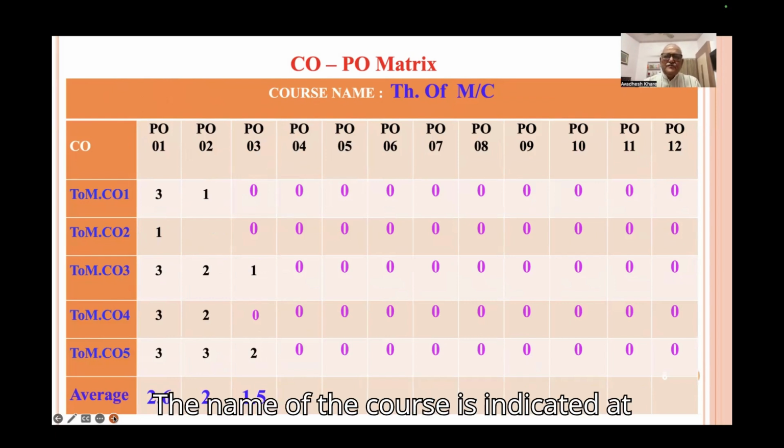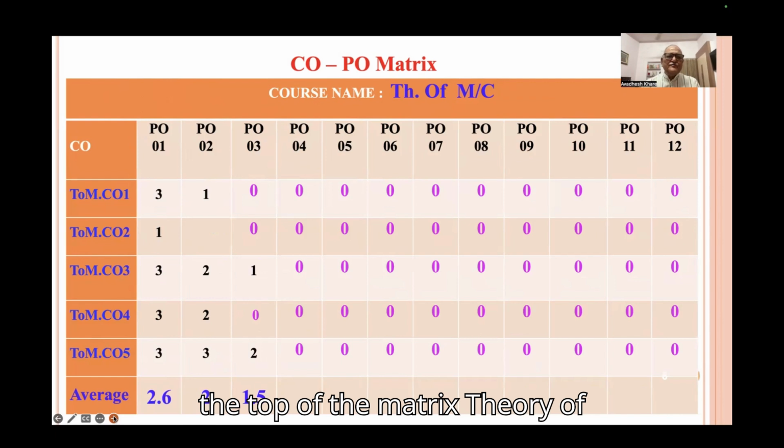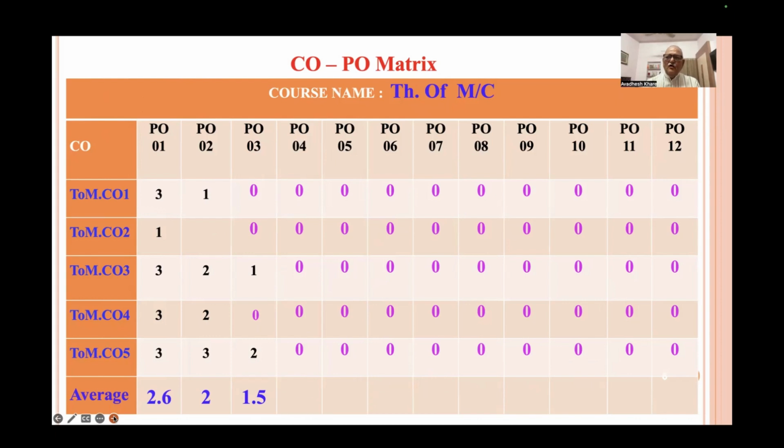The name of the course is indicated at the top of the matrix, Theory of Machines. In the first column, all 5 course objectives of Theory of Machines, CO1 to CO5, are indicated.